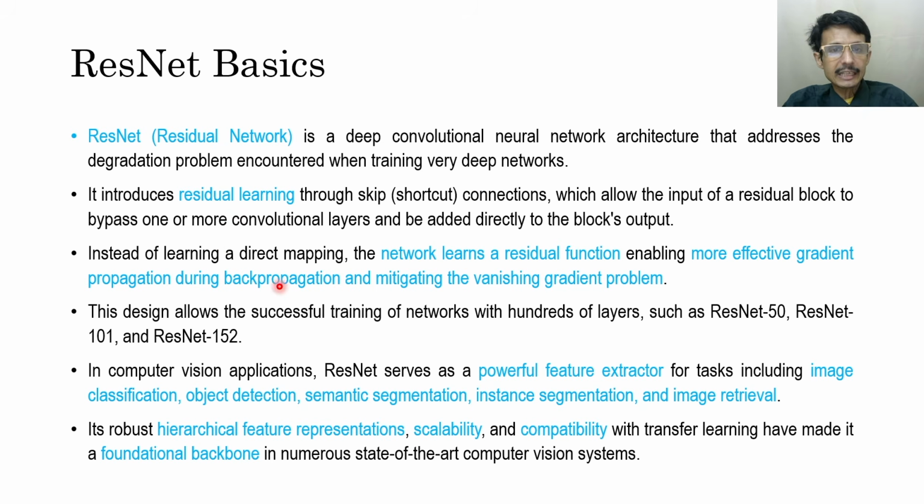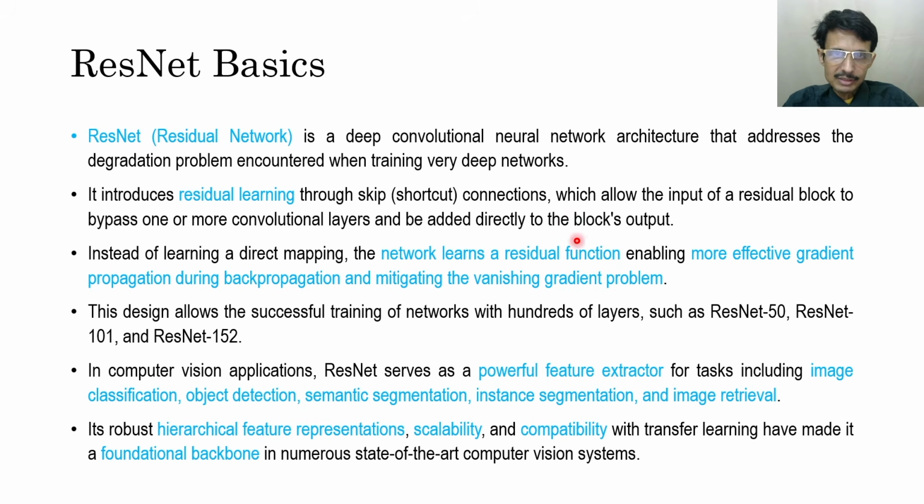Instead of learning a direct mapping as in a normal CNN, even in GoogleNet we have seen there is no such connection. Ultimately there is an inception model, but there is a direct mapping. You can see this in VGGNet and AlexNet, all of that. So unlike this direct mapping, in ResNet the network learns a residual function.